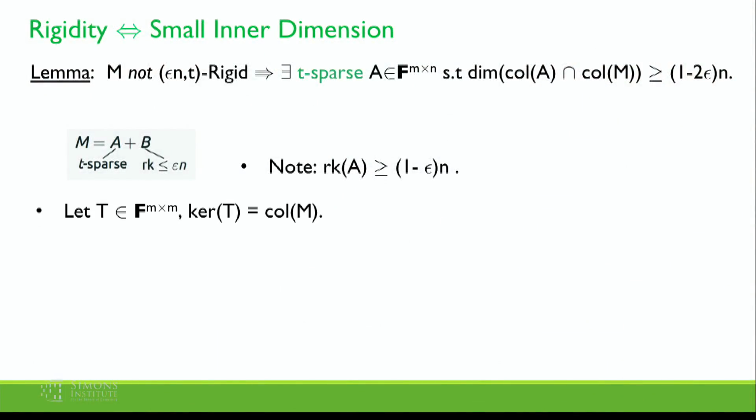So now let T be the linear transformation whose kernel is precisely the column space of M. We can always construct such a linear transformation: I just put all the n columns of M in the kernel and extend it to a basis. Now take this linear transformation T and apply it on both sides of this equality.